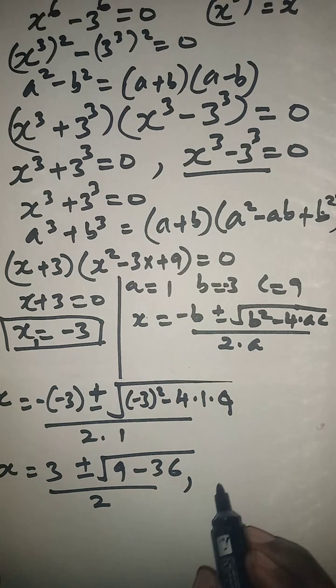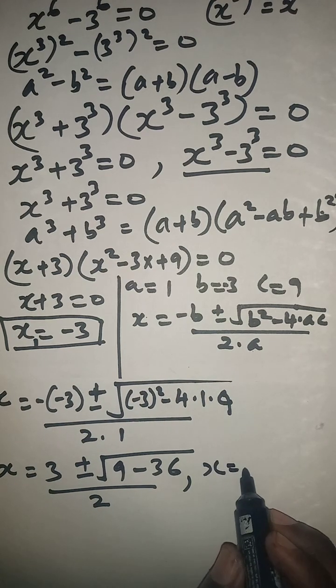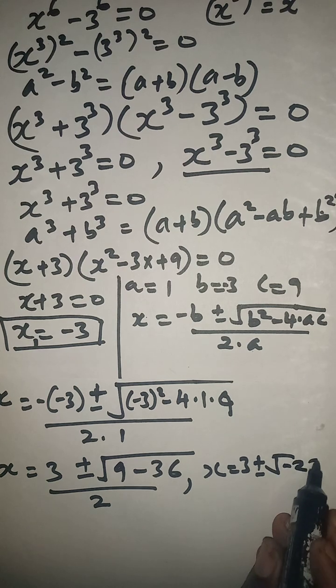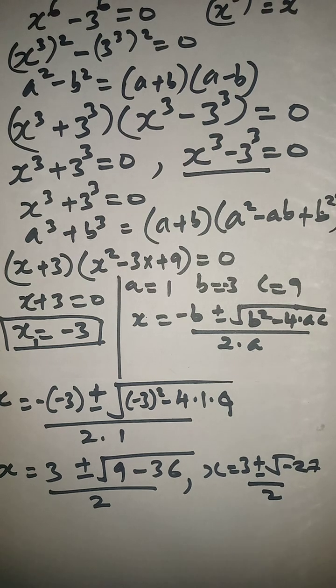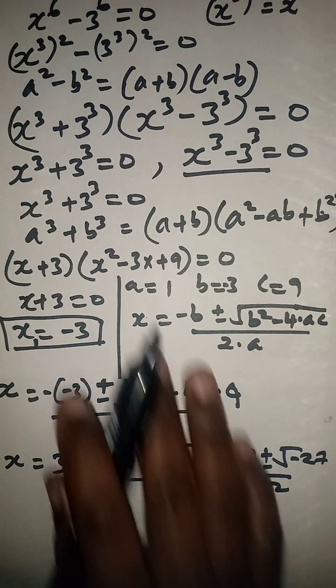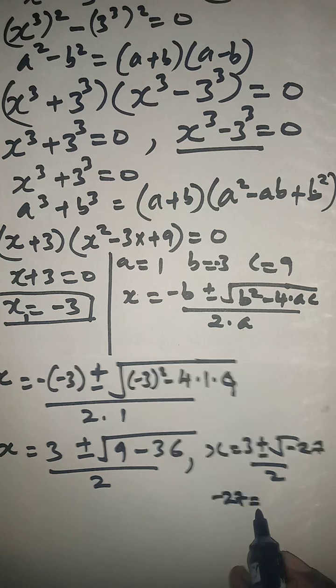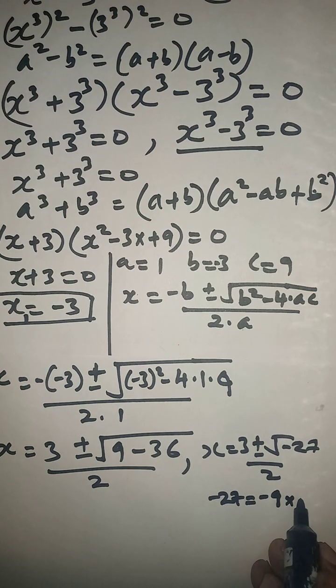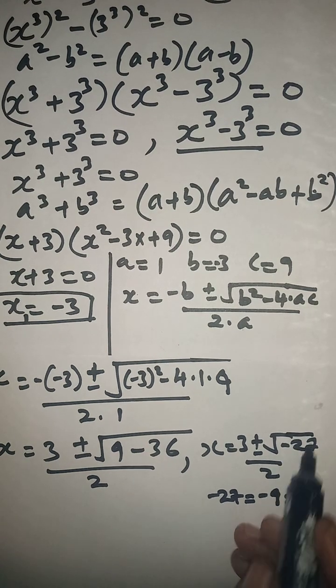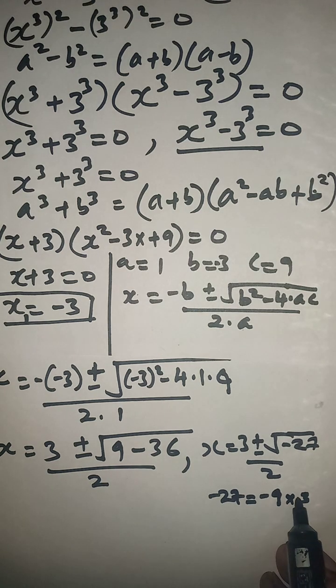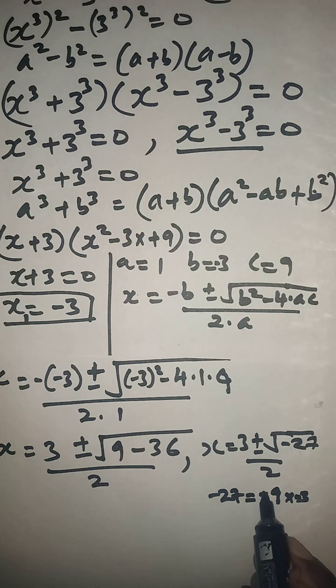So this now brings x to be equals to 3 plus or minus the square root of negative 27 all over 2. While negative 27 can also be expressed as square root of 9 times negative 3.